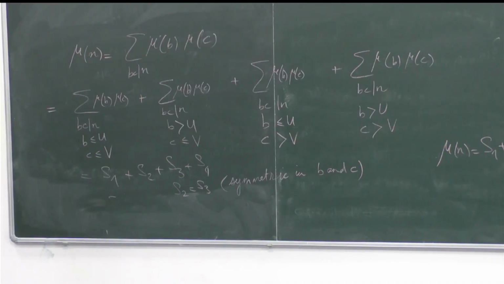So if S1 is minus S2, then S1 plus S2 will be 0. Or S1 plus S3 will be 0, which will be equal to S2 plus S4.